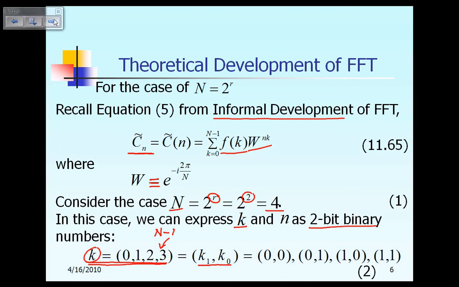And because we're talking about binary numbers, the value of k1 or the value of k0 can be either 0 or 1 only. So if you express the value of k in the 2-bit binary form, then I can say 0 can be expressed as 0, 0.